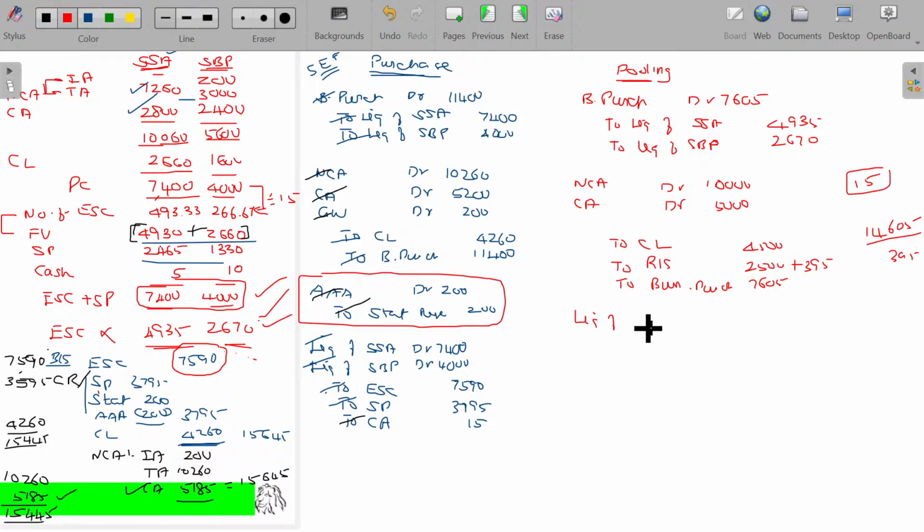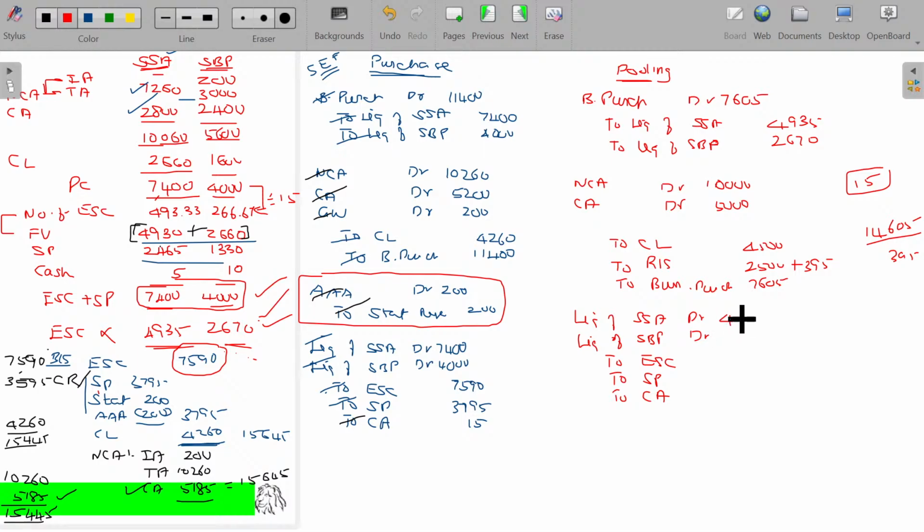Now, liquidator of SSA, liquidator of SBB, debit to equity share capital, to securities premium, to current assets. Okay.